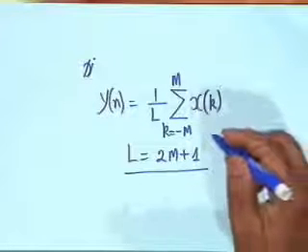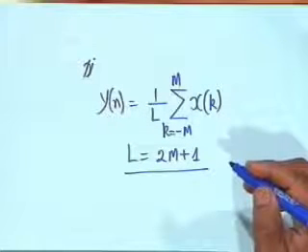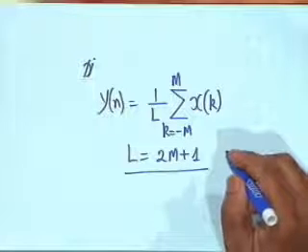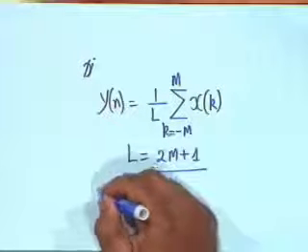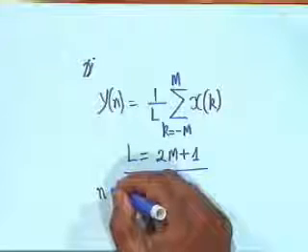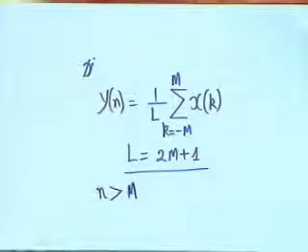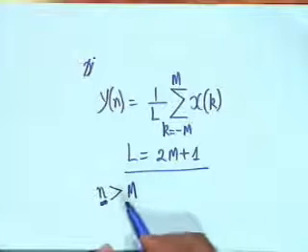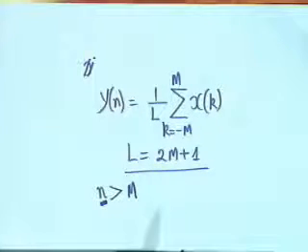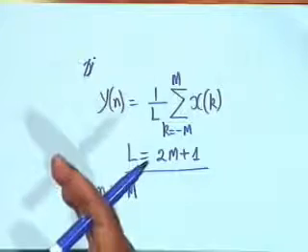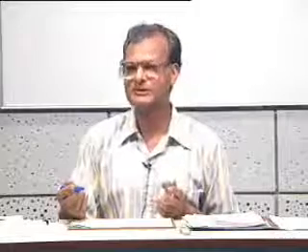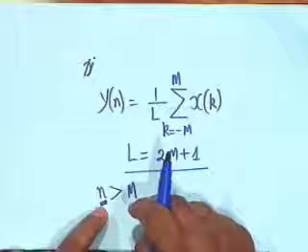Well, pardon me, it depends on the value of m. That is correct. For n greater than m, if you are considering n instant of time which is greater than m, then obviously all inputs are there. x(k) from k equal to minus m to plus m, all inputs are there, and therefore for n greater than m the system behaves as causal.